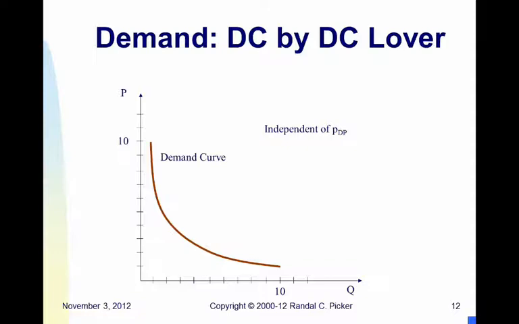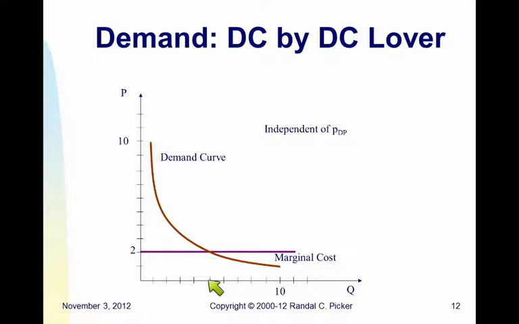Well, I need to take each of my demand curves and figure out what I'm going to see in terms of the quantities consumed. So for my Diet Coke lover, I'm going to go to the point of intersection between demand for Diet Coke and the marginal cost for Diet Coke. That's going to be at a price for Diet Coke of 2.